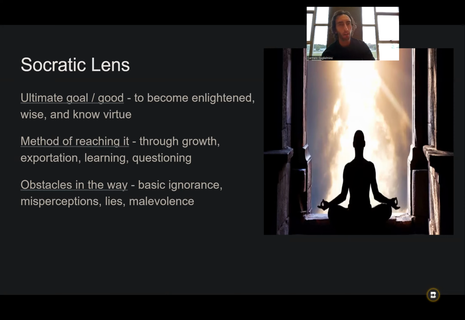Or more frequently, if you're using a Socratic lens, you're going to be fixated on when a character is lying to themselves or believing in something that's fundamentally a lie. The best example of that is when a character is not seeking the ultimate goal and the good.